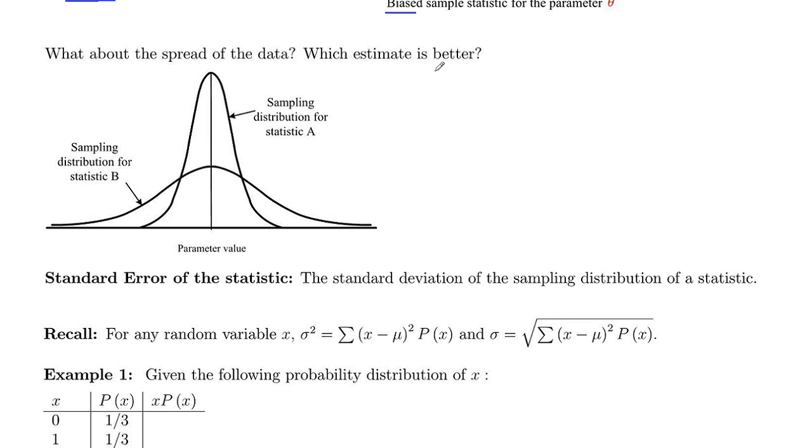So we ask which estimate is better, and it's going to be A, because if we have less variation, that means a more consistent estimate. So if you have two sampling distributions and one has less variation, if they're both unbiased, you want the one with less variation.